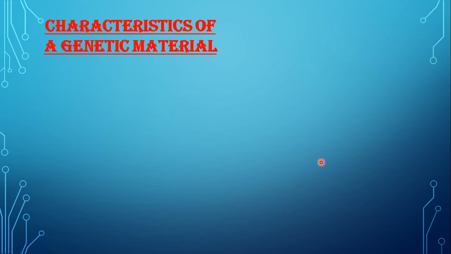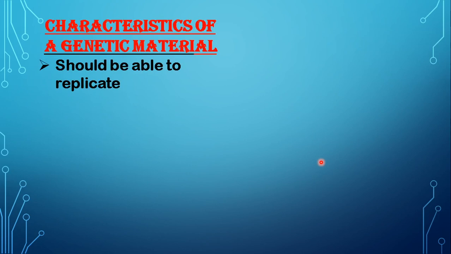Then what are the characteristics that should be present in a genetic material? It should be capable of replicating, that means it should be capable of producing its own copies, multiplying on its own.